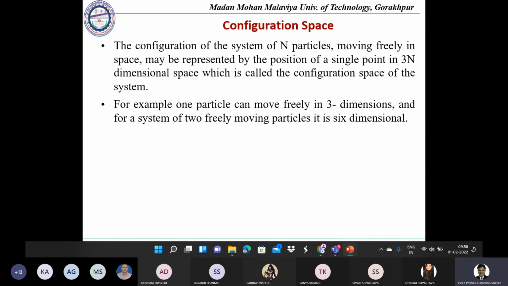Just this is the projection of n particles by a single particle denoting its degree of freedom in the space. For example, one particle can move freely in 3 dimensions. And for a system of 2 freely moving particles, that is equal to 6.